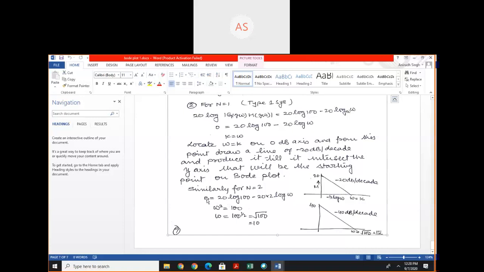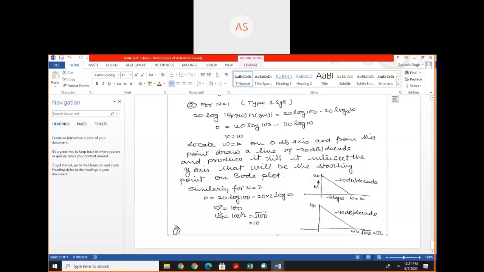Here we put 20 log |G(j omega)| equal to 0, and 0 is equal to 20 log 100 minus 20 multiplied by 2, because the value of n is 2, multiplied by log omega.